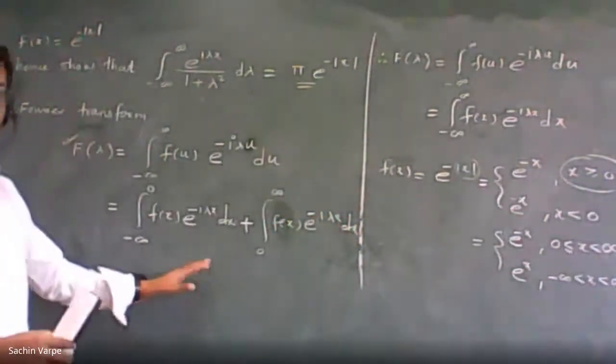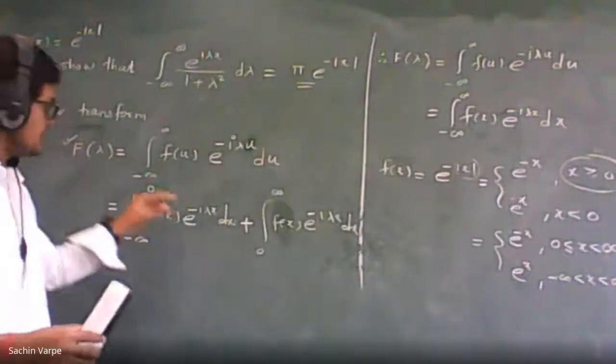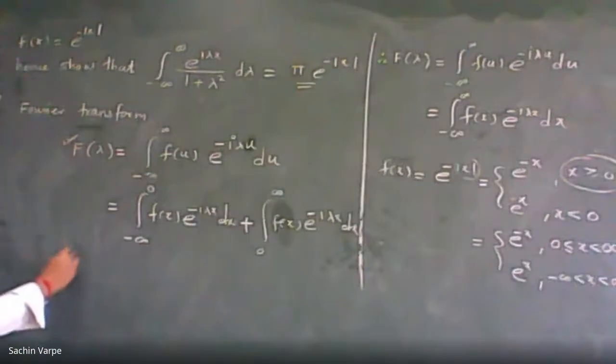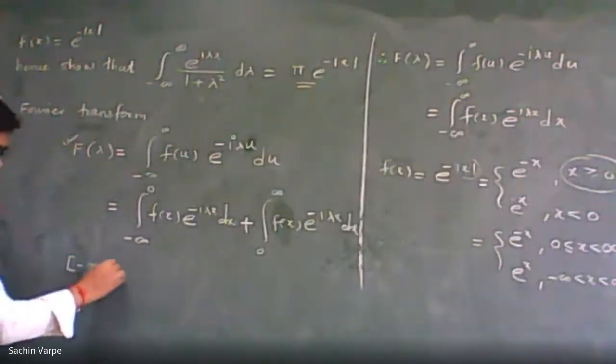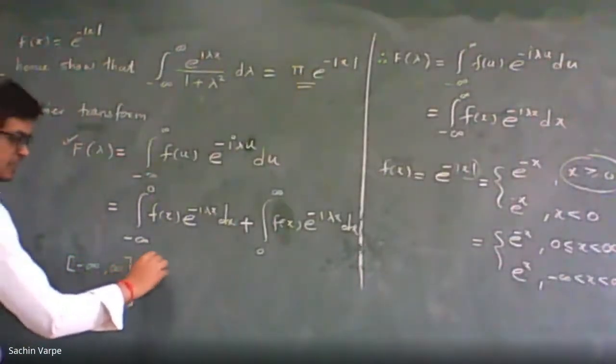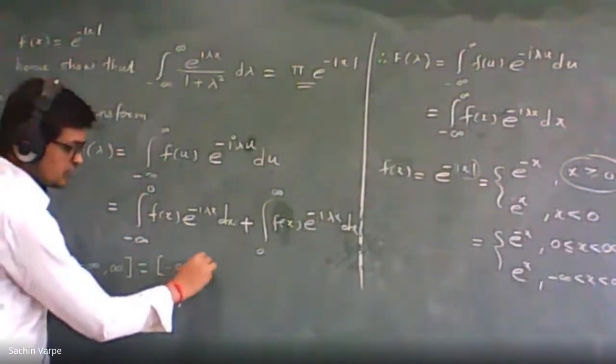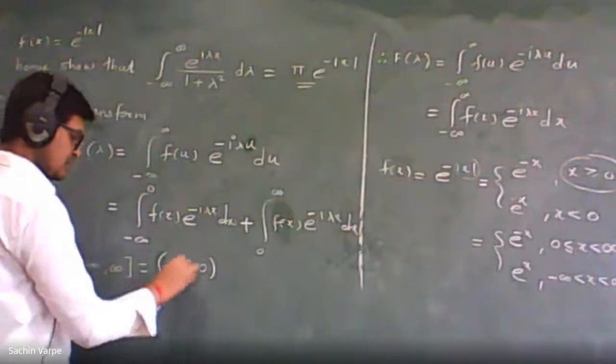Is it okay with this step? What I did, I have split this interval minus infinity to infinity, I'm writing it as a sum of two integrals. How? Minus infinity to 0, like this.